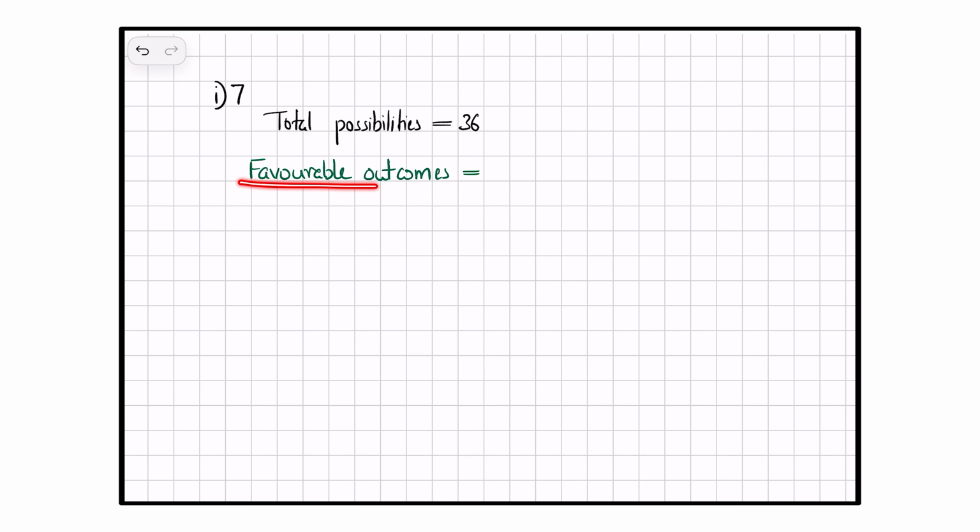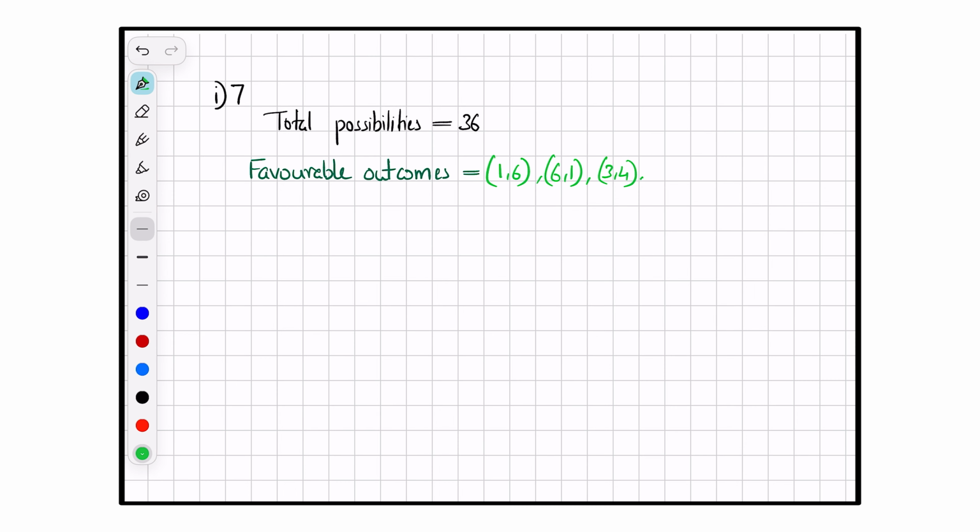The favorable outcomes will be 1 comma 6 and the reverse is possible, 6 comma 1. And second is 3 and 4, 3 plus 4 is 7. We can also have 4 comma 3. And then we can have 2 comma 5, or we can also have 5 comma 2.